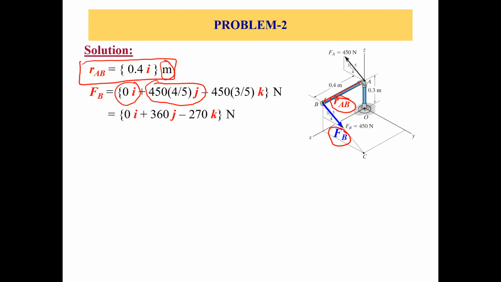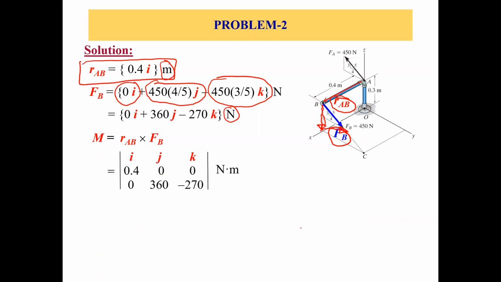That is 450 times 3 by 5 times k, and this is the negative component because this is acting in negative z direction. Just simplify this, and you'll get 0i plus 360j minus 270k, and of course, don't forget to put the units, newtons.